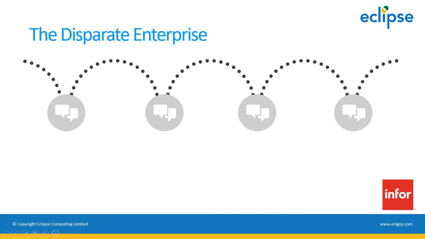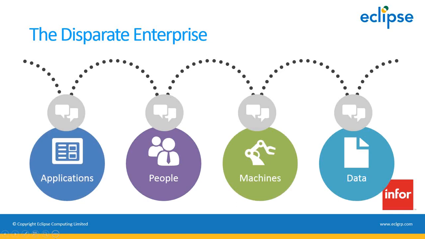Okay, so in terms of what are we trying to achieve with Mingle? What are the objectives? What are the goals of a product like Mingle, and what is it actually doing? Infor have come up with this concept of what can be called the disparate enterprise. So the disparate enterprise is where we have different things within an organization.